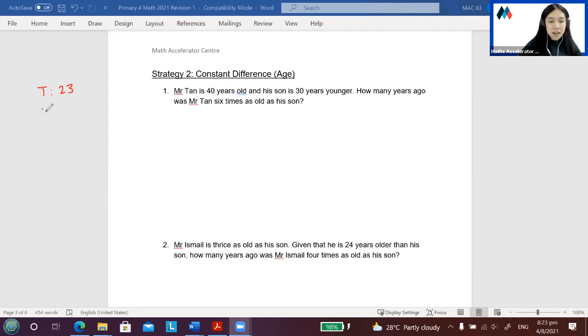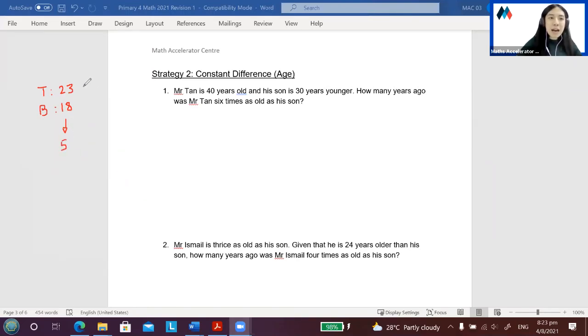Let's say my brother is 18 years old. So the difference between our ages is 23 minus 18, right? Can anyone tell me what that is? Yes, so our age difference is 5 years.